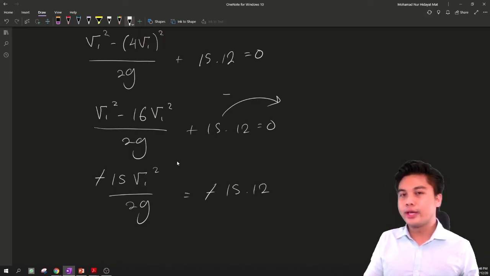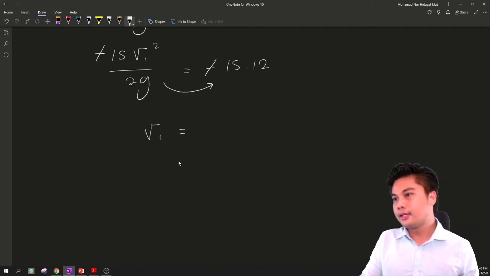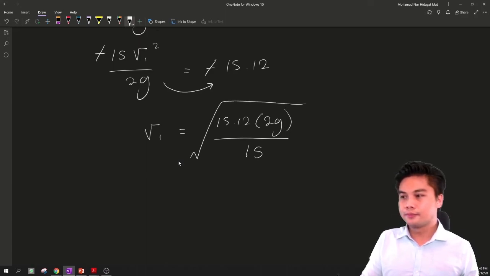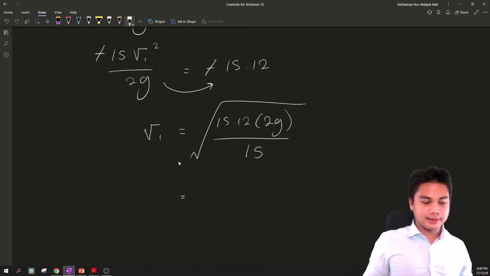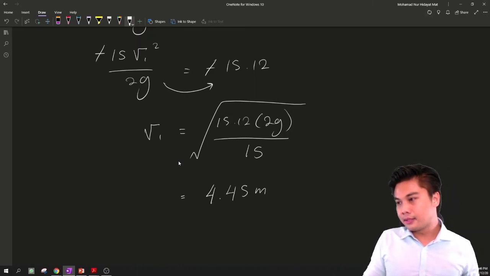The negatives cancel out, and 2g we move to the other side. V1 finally is the square root of 15.12 multiplied with 2g over 15. Thus the final answer is 4.45 meter per second.